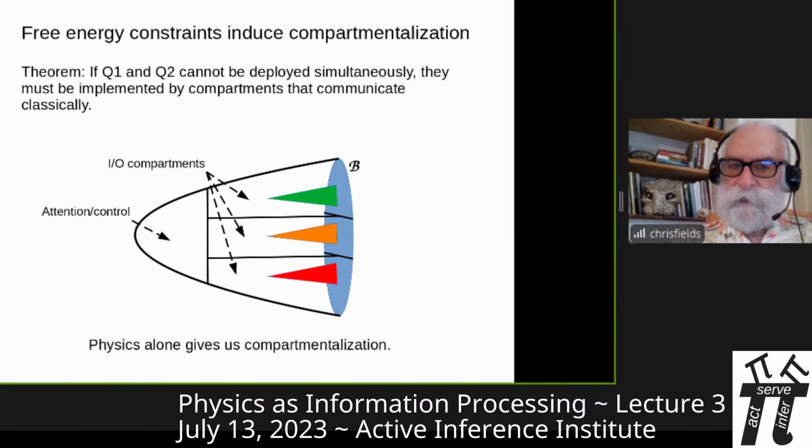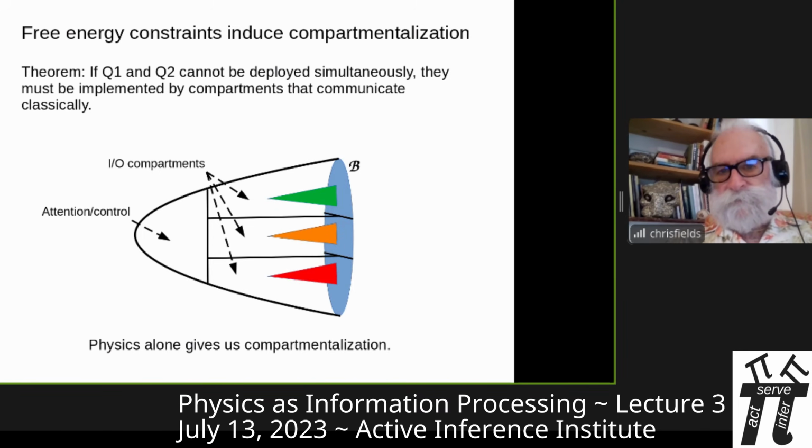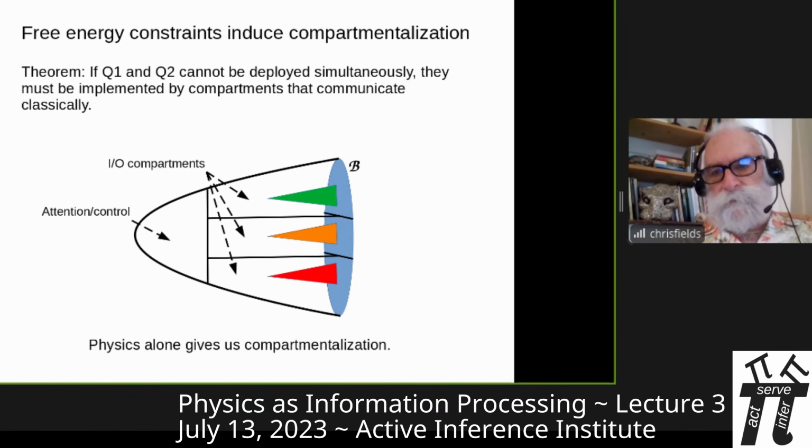And now we see the effect of a theorem in quantum information theory, which is that if two QRFs can't be deployed simultaneously for whatever reason, that corresponds to them not commuting as operators. And if they don't commute as operators, they have to be implemented by compartments that are separable.